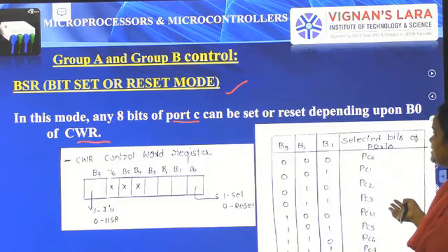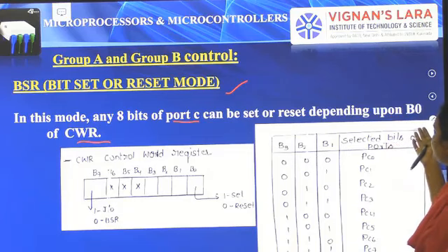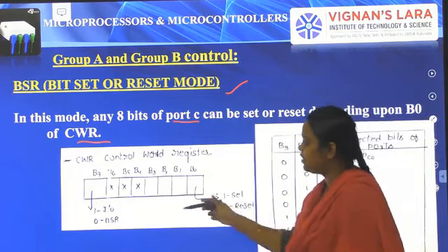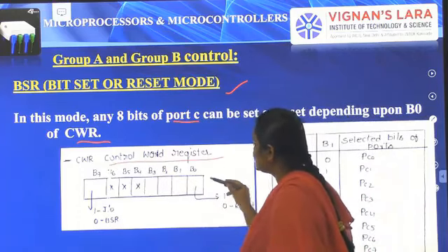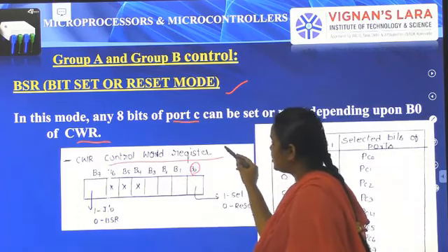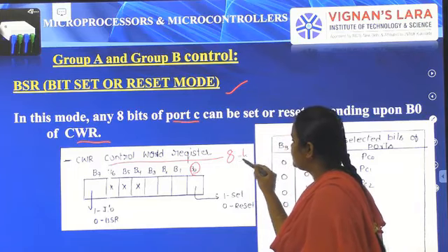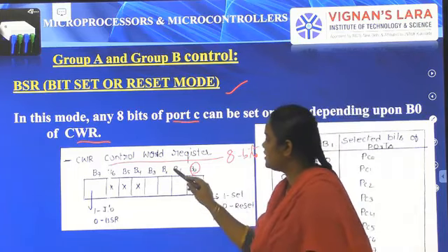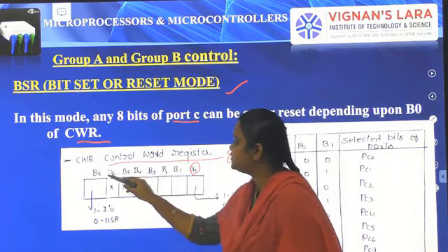So for the port C bits we are going to use this control word register, which has 8 bits: B0, B1, B2, B3, B4, B5, B6, B7.